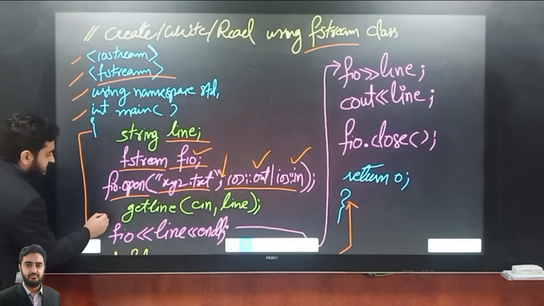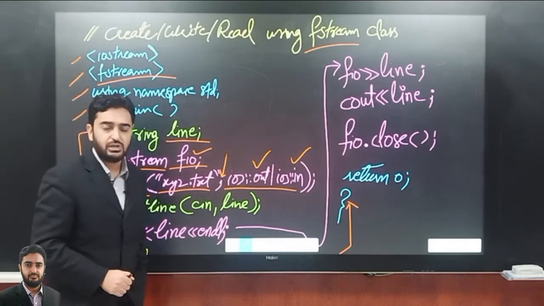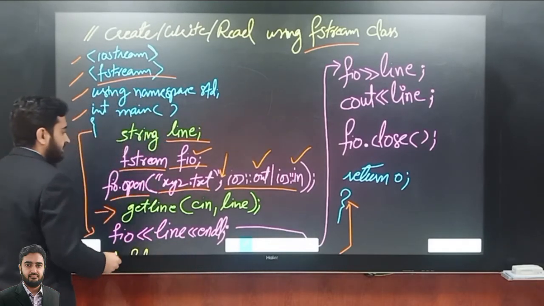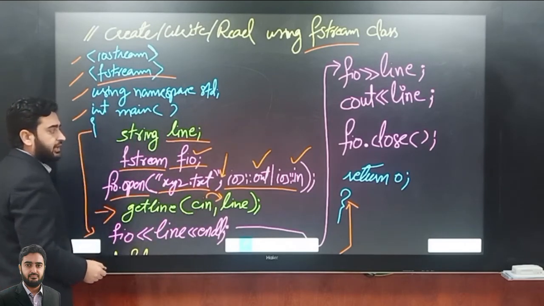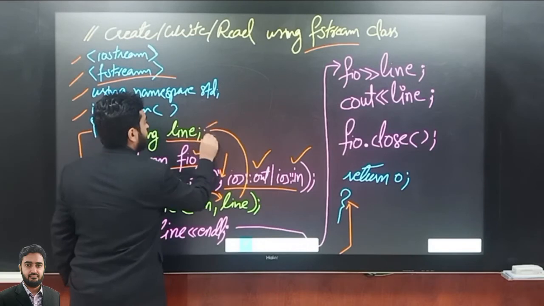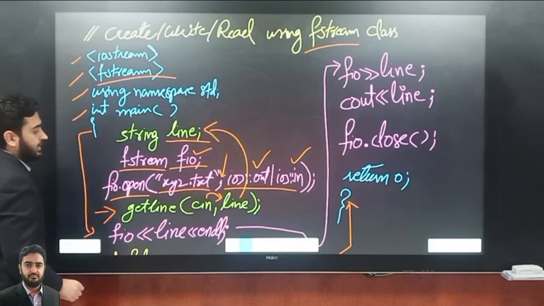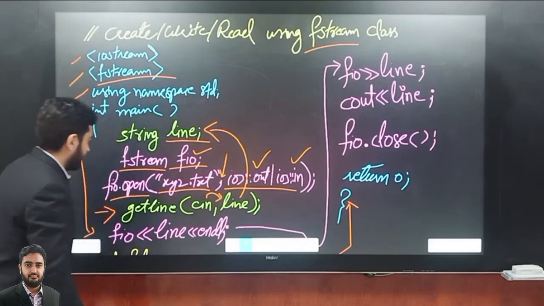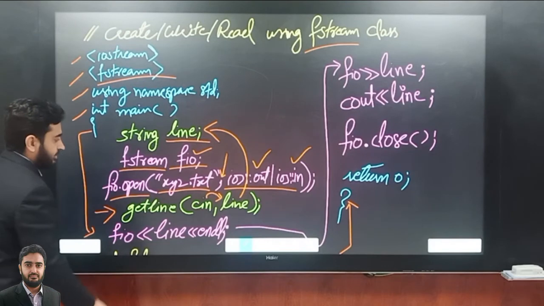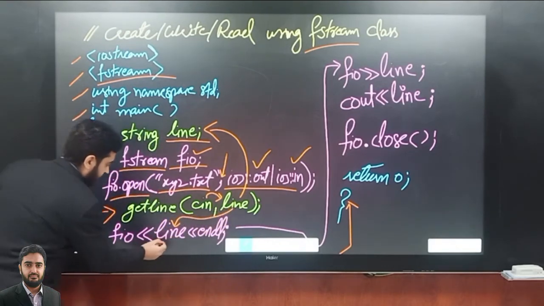In the next line we are going to get input from the user through the console screen. The user will input some string into the line variable, which is a string variable. That text will be saved in the file.